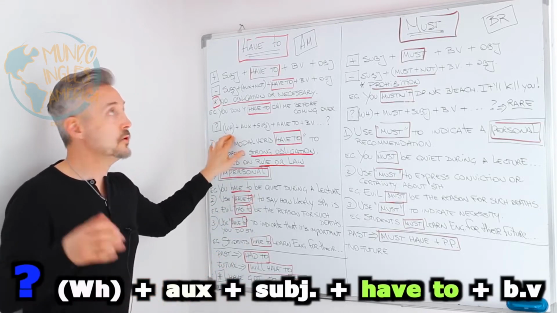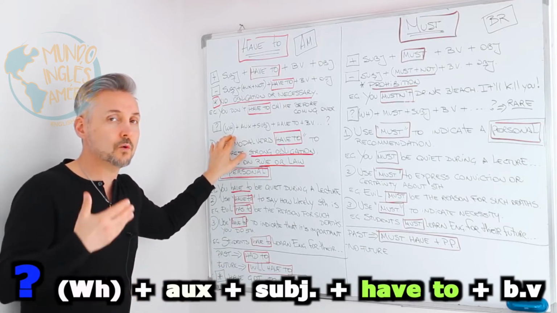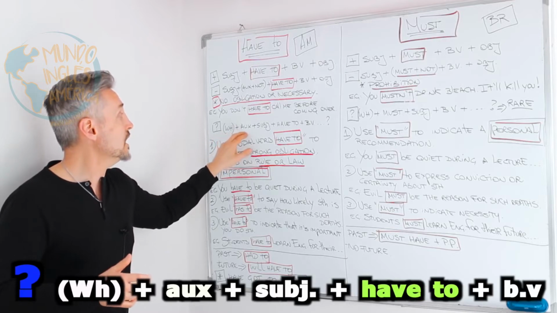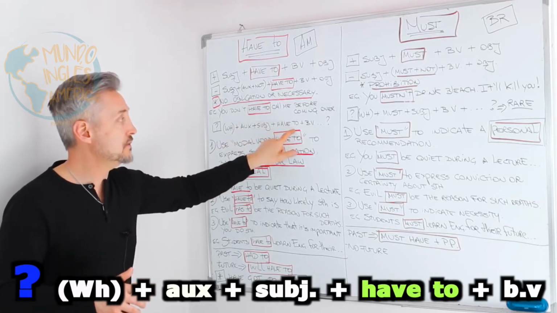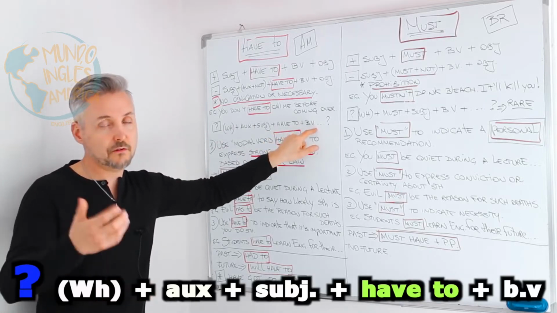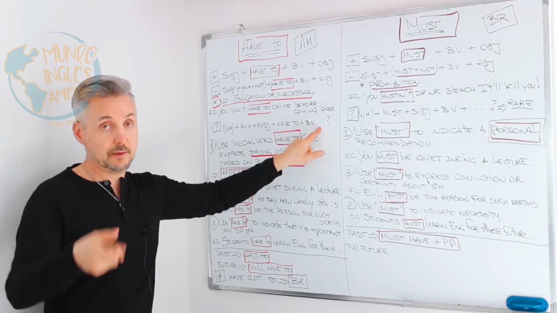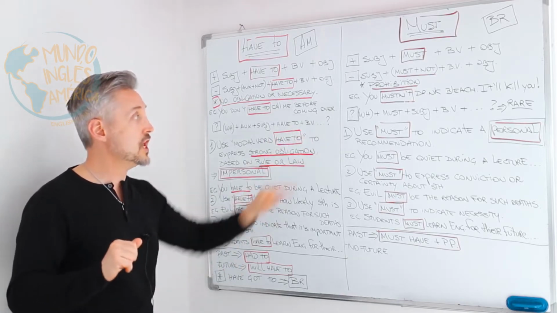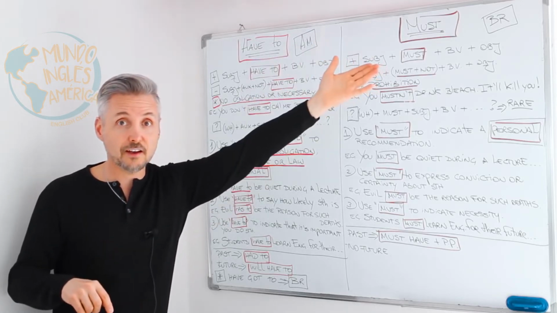Now, let's go on with the interrogative sentence. So we need a WH question word, if any. So the WH question word would be where, who, how, what, etc. Then we need the auxiliary, then the subject, then have to, and then the base of the verb, and maybe the object or the time expression in a question. So it depends here, it will change. If you want to watch a lesson on making questions, you can click here.